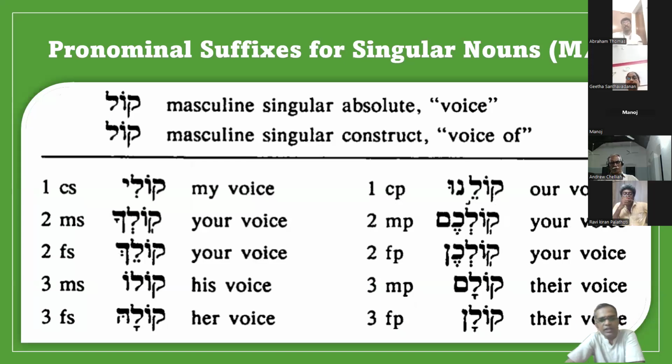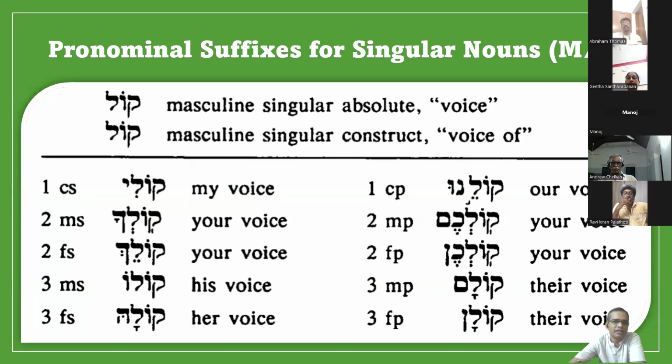Now we are using the noun in the construct state and then adding the pronominal suffix. So koli, koleka, kolek, kolo, kola, kolenu, kolekem, koleken, kolam, kolan. My voice, your voice, his voice, our voice, your voice, their voice.